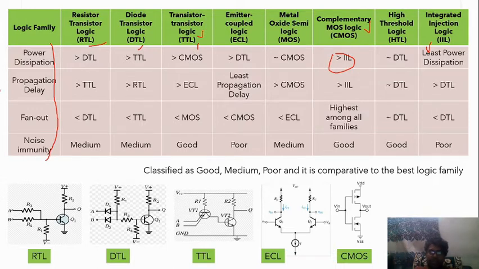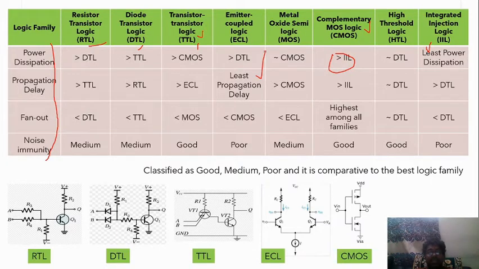And then when we come to the propagation delay here, ECL is the best choice. If you talk about high speed board designs, ECL logic is the most preferred logic, and that is why you see most of the ECL logic being used there. And then there is one more parameter which we have mentioned here called the fan out.